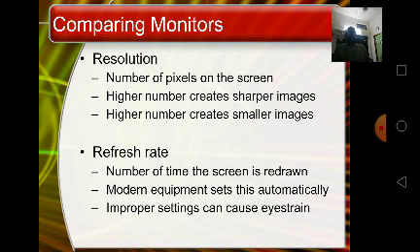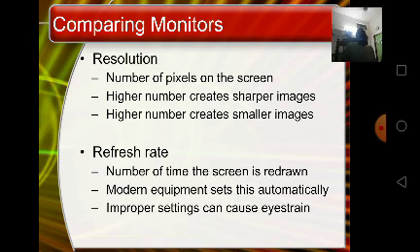Next difference is refresh rate. A monitor's refresh rate is the number of times per second that the electron guns scan every pixel on the screen. Refresh rate is important because phosphorus dots fade quickly after the electron gun charges them with electrons.